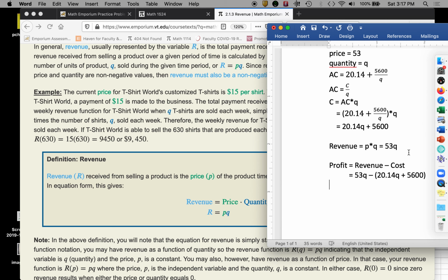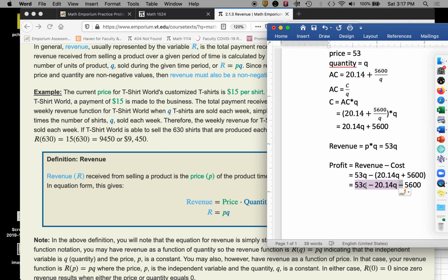Okay, so that's going to be 53Q minus 20.14Q minus 5,600.